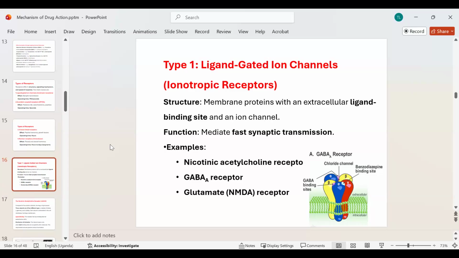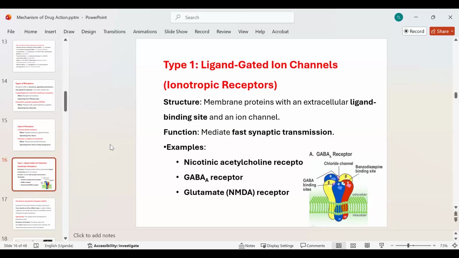Yet when it comes to GABA, what are we seeing? We are seeing the ion that is flowing in after the opening of these GABA channels. The ion that flows in is chloride, which is negatively charged.